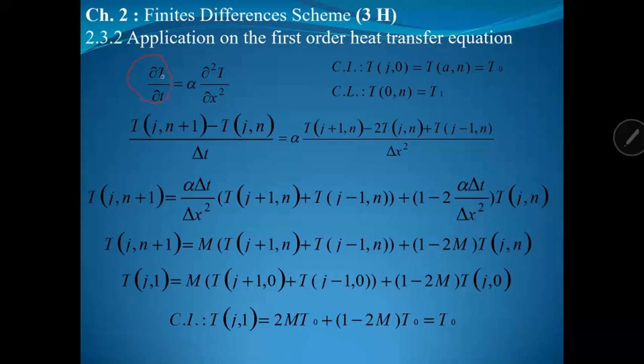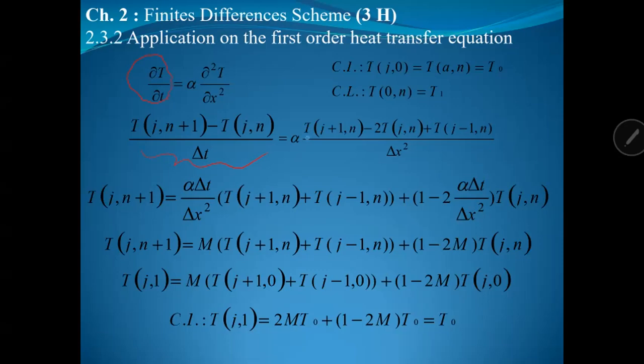Then for the time it is a right scheming: T j n plus 1 minus T j n over delta t. It is a right scheming along time because the time is growing up. Then we go to the right.